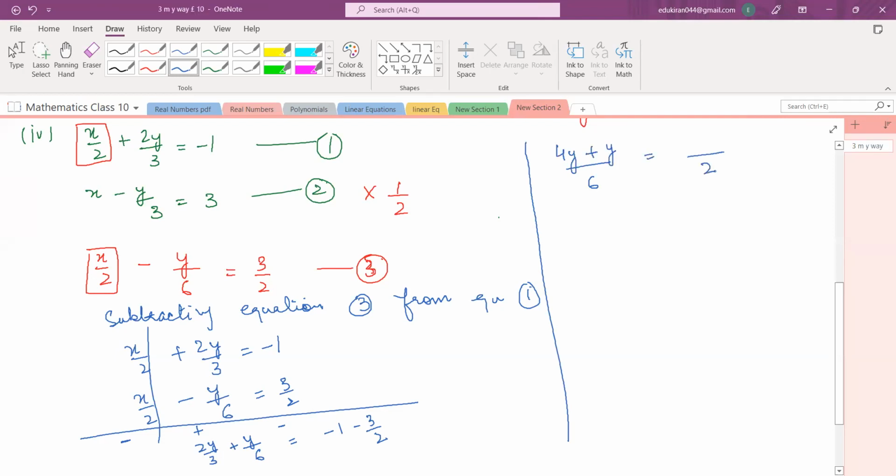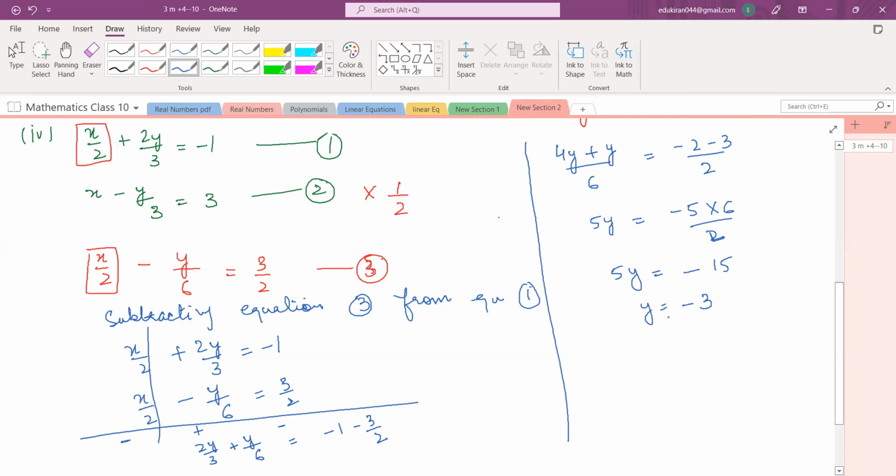You will get 2. And this will be minus 2 minus 3. So 5y, and this 6 will go here. So minus of 5 into 6 divided by 2. Correct? So 5y will be equal to minus 15 and then y equal to minus 3. Right?